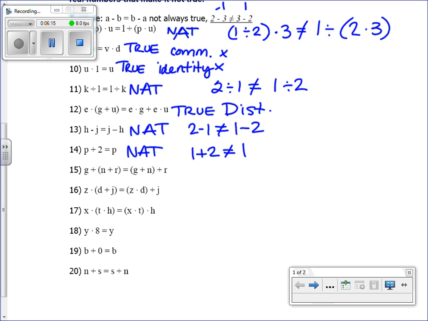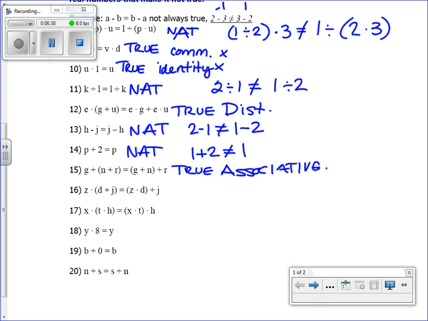Let's see. G plus the quantity N plus R equals the quantity of G plus N plus R. That's true. And that's our associative property. And if you're not sure, you could always substitute numbers in and see.